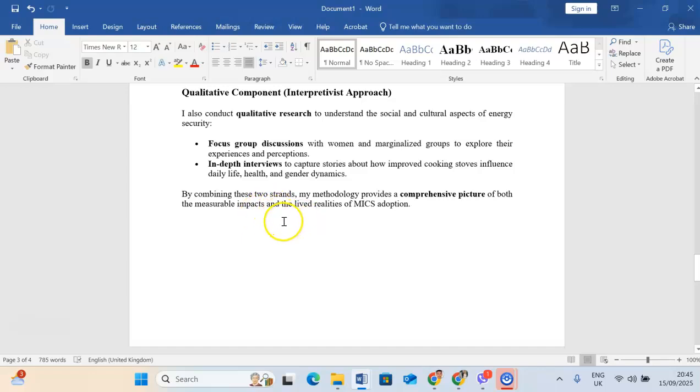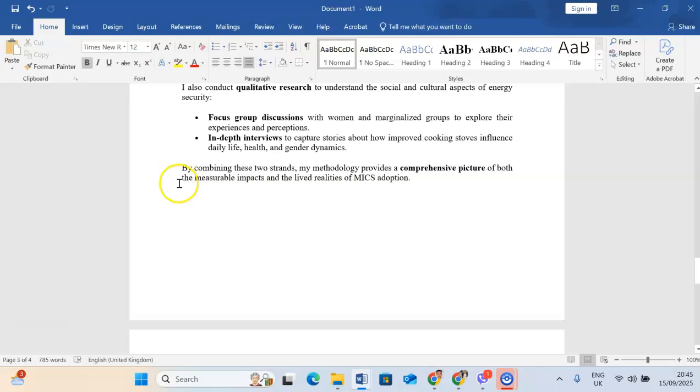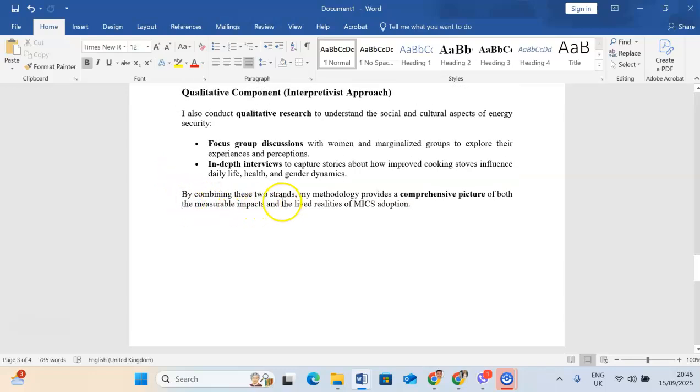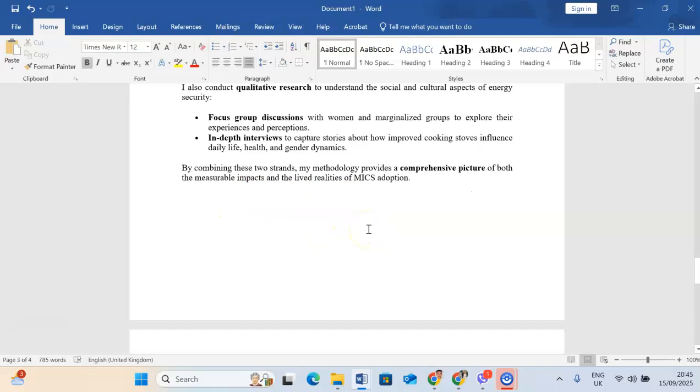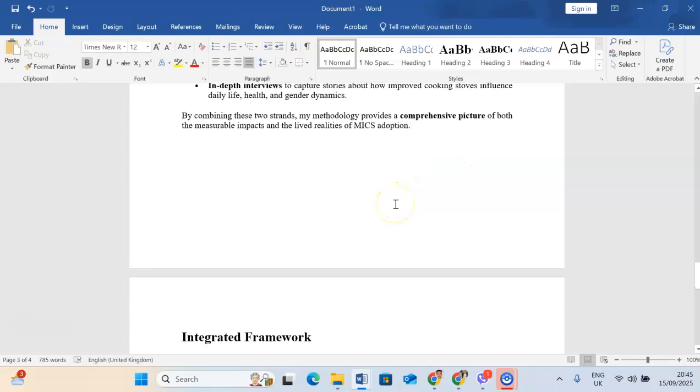individual interviews with users. Now, by combining these two strands, my methodology provides a comprehensive picture of both the measurable impacts and the lived realities of metallic improved cooking stove adoption.